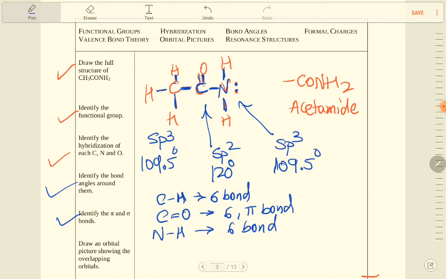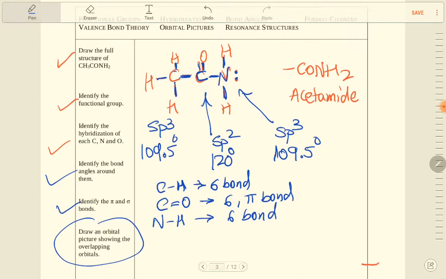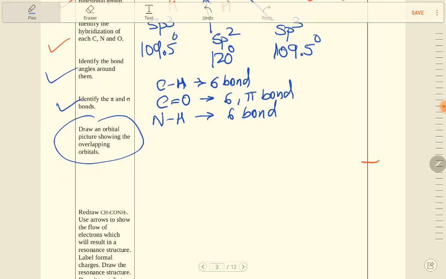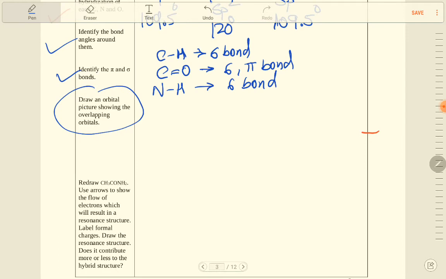Orbital picture overlapping: we need to draw an orbital picture showing overlapping of orbitals. So let's see how we can do it. I need more space here, so I'm going to scroll.